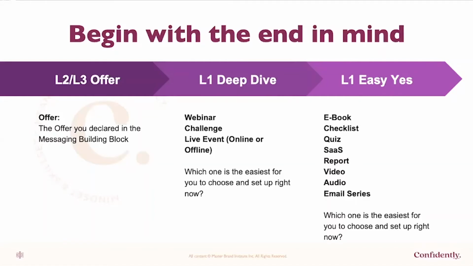The question you want to always ask is, what's the easiest for them to consume? And what's the easiest for you to set up, okay? You want to start with that first so that you don't take a ton of time getting this out to market, because what you're really trying to prove is that somebody wants your offer to begin with.